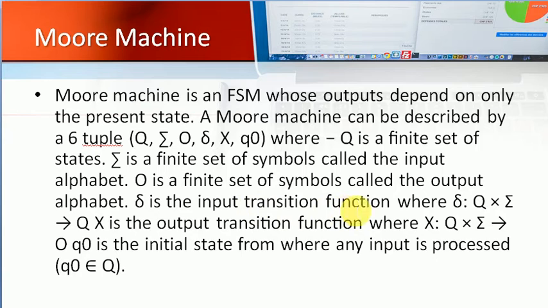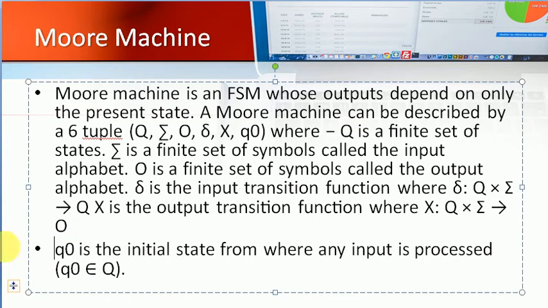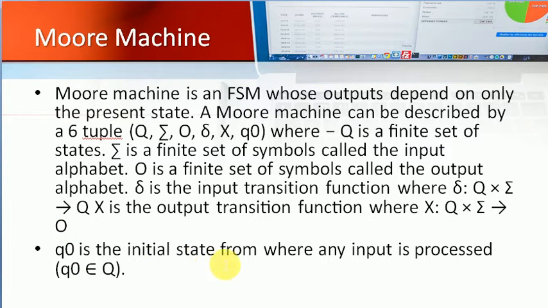Delta is the input transition function, Q times Sigma giving Q, and X is the output transition function. And here the same, q0 is the initial state from where an input is processed.